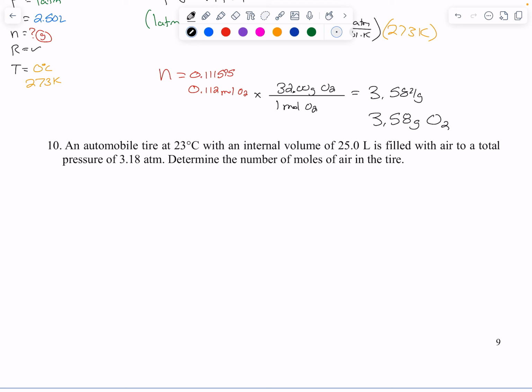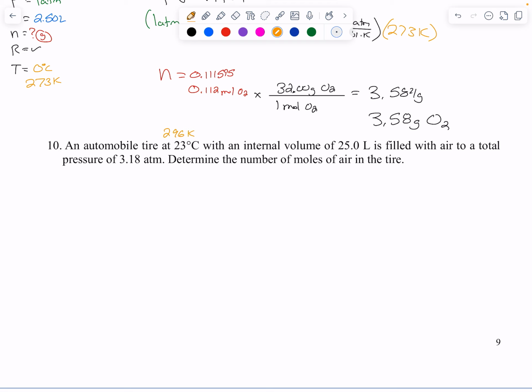An automobile tire, 23 degrees Celsius. All right, so hopefully now we see 23 degrees Celsius, and we add 273 to that, and we get 296 Kelvin. Hopefully we recognize that. It has an internal volume of 25 liters, filled with air, total pressure of 3.18. Determine the number of moles of air in the tire.